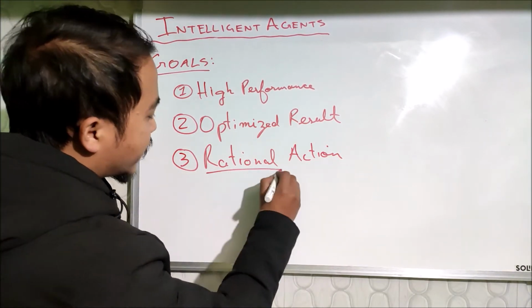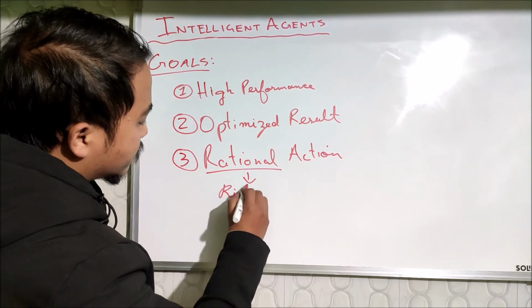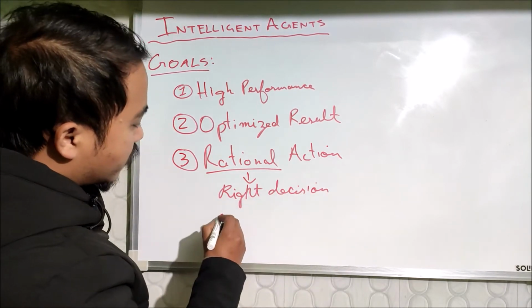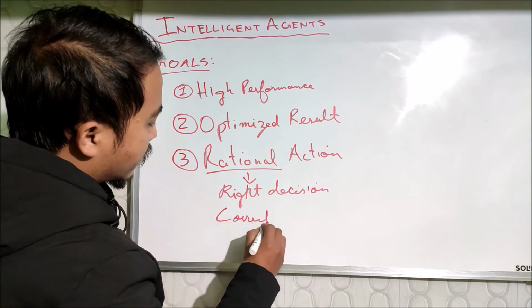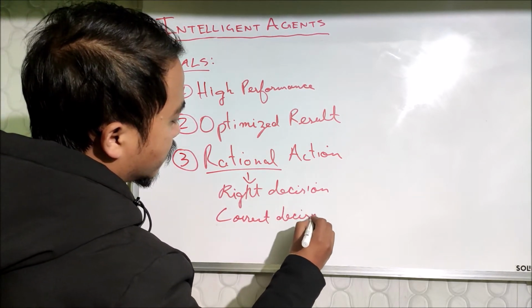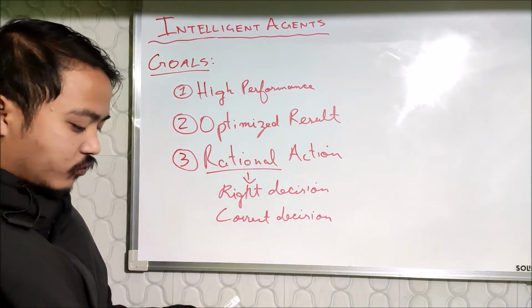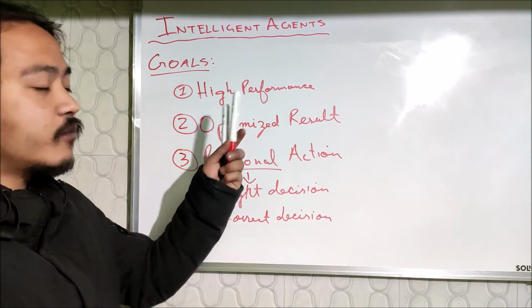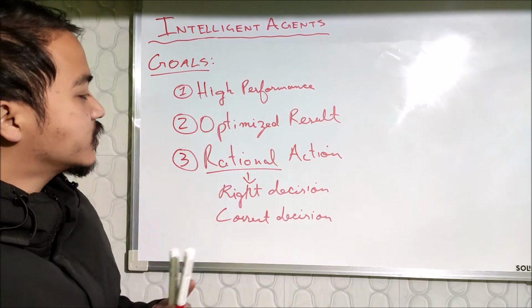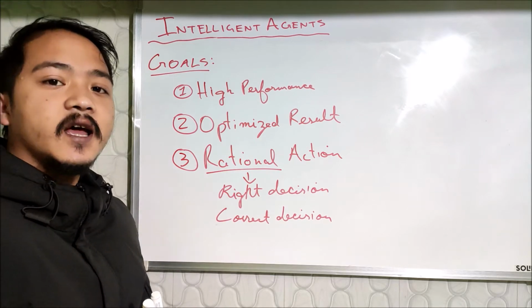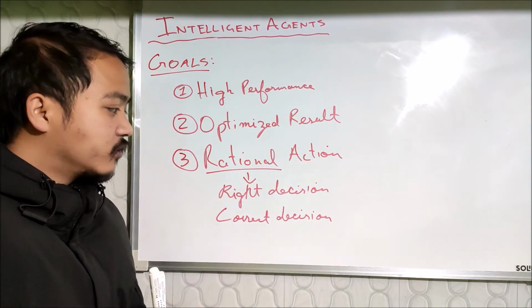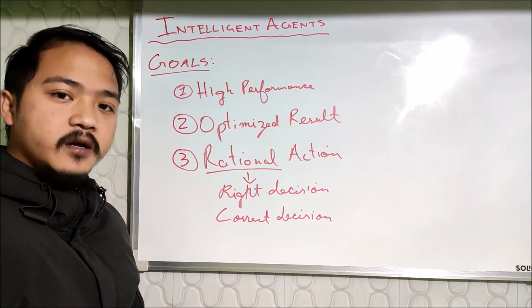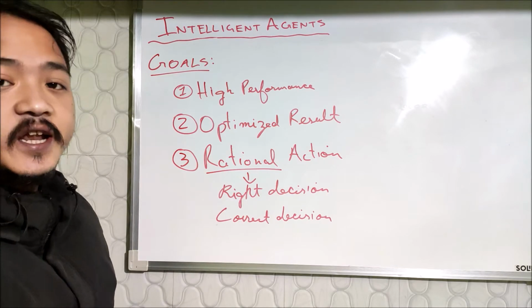Rational action means the right decision or correct decision. So the goals of designing an agent are, first, high performance, second, optimized result, and third, rational action. It should give the right decision, and it should be a correct decision. So these are the goals of intelligent agents.